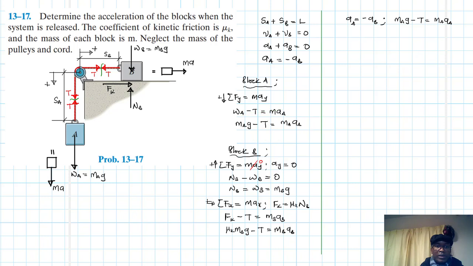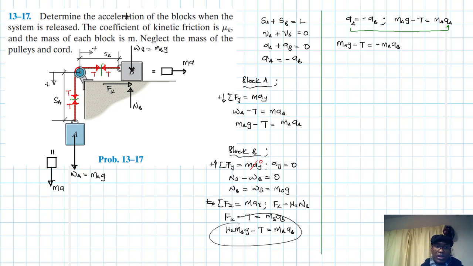Alright, for block A. So what we'll do is we are going to fit this there, and once we do so, then we are going to have the following equation: m_A g minus T equal to minus m_A a_B.